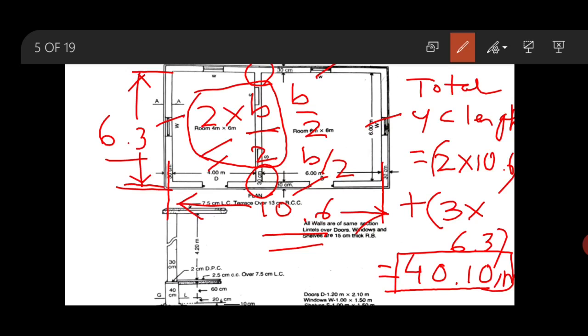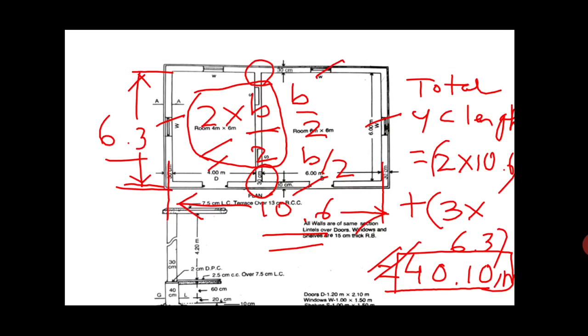Here b is the width of the corresponding item. Similarly, when we are going for calculation of brickwork in foundation, the 40.1 is constant, but from that we need to subtract the excessive portion. Okay. So let us move to the details of measurement form.